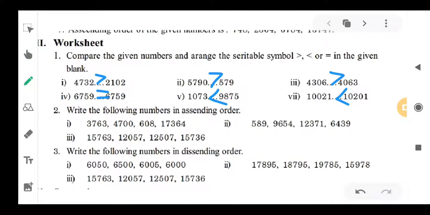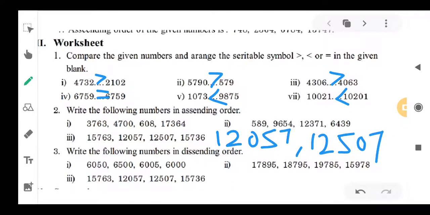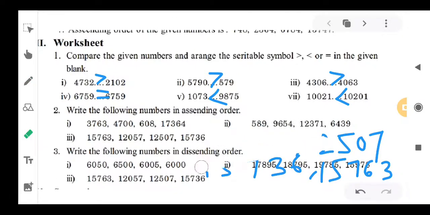So in ascending order, first of all you have to write 12,057, after that 12,507, after that 15,736, last one 15,763. So this is the ascending order for third one. Okay children, right.